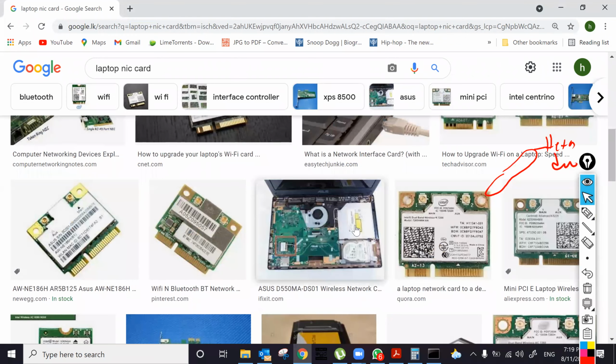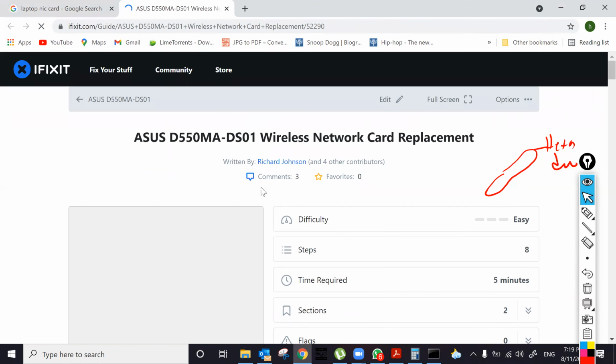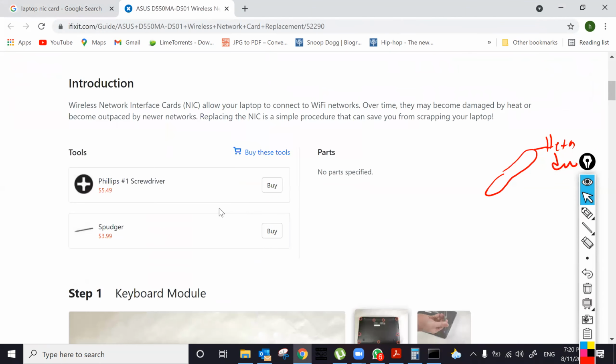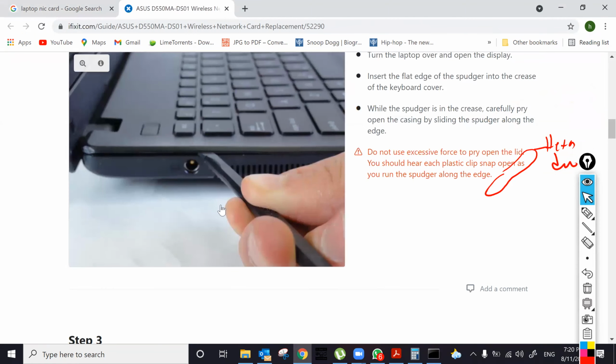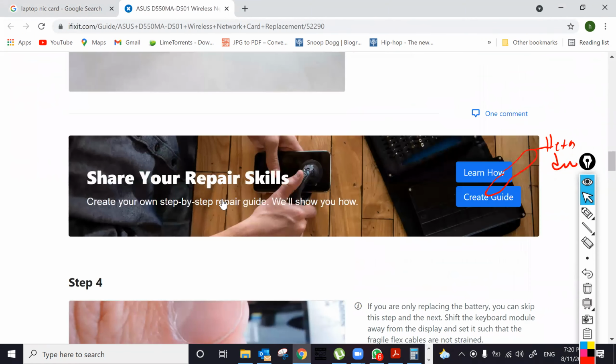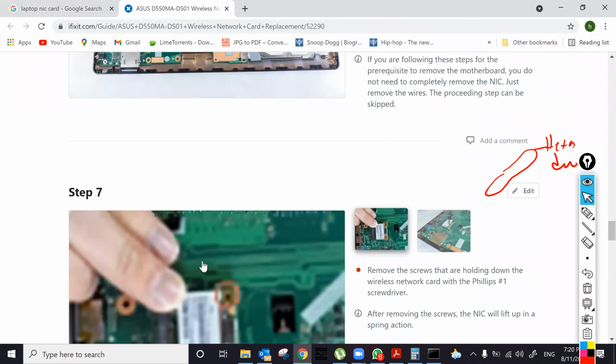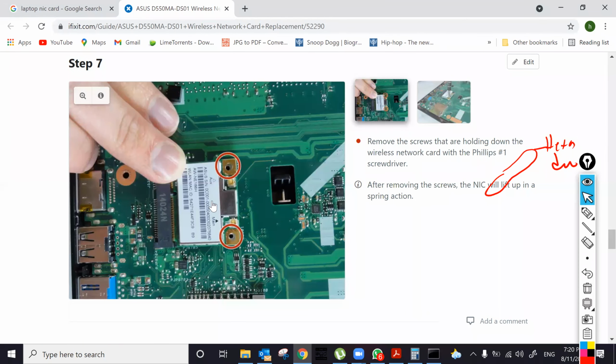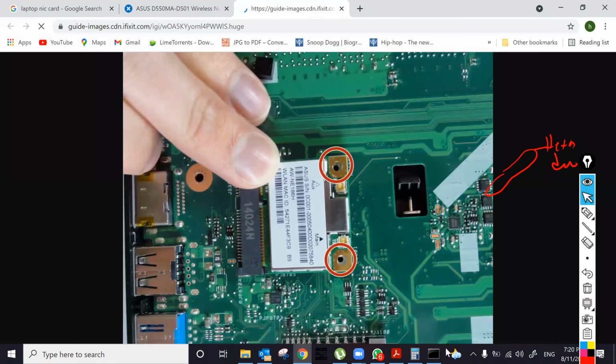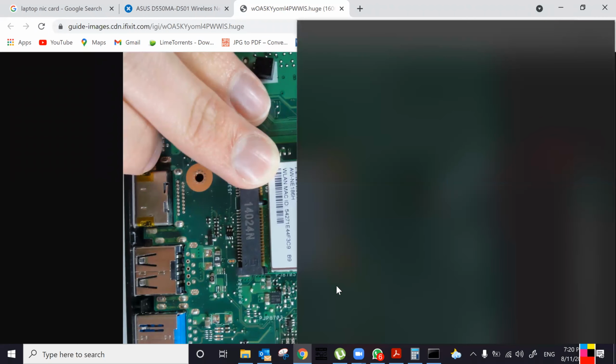So when it comes to this, you can see this photo, right? This is the wireless interface card. Every laptop has this kind of a card.